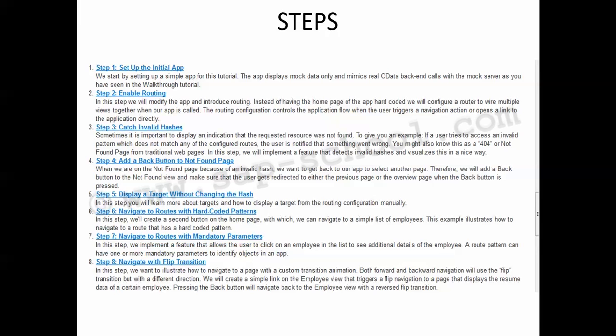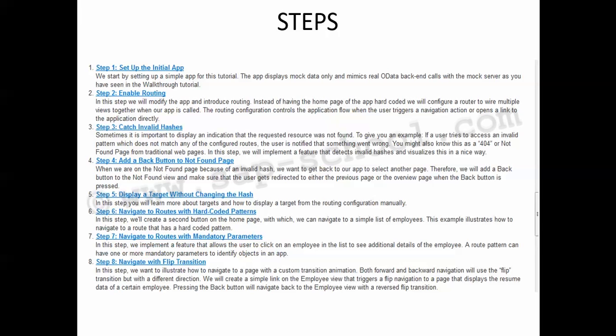So the routing configuration controls the application flow when the user triggers a navigation action or opens a link to the application directly. After that, we have the catch invalid hashes. So sometimes it is important to display an indication that the requested resources are not found.